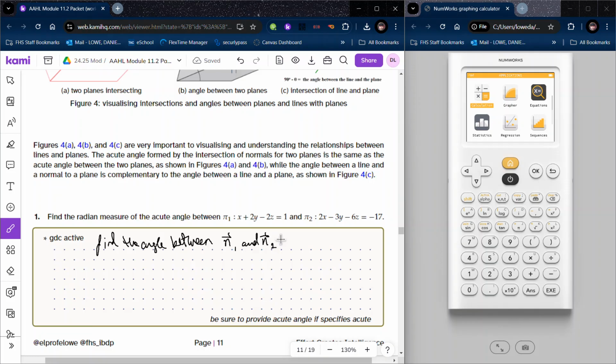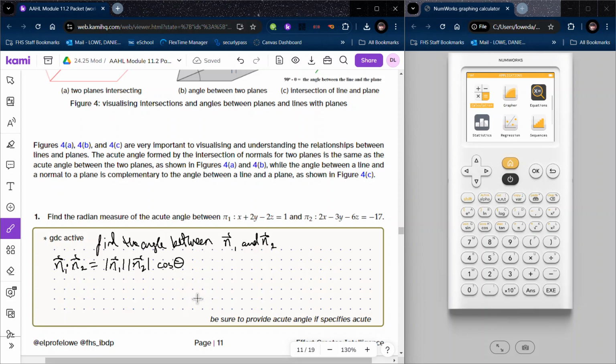There are a variety of ways to do that, but one way is by recognizing that normal 1 dotted with normal 2 must be equal to the magnitude of normal 1 times the magnitude of normal 2 times the cosine of the angle between them.